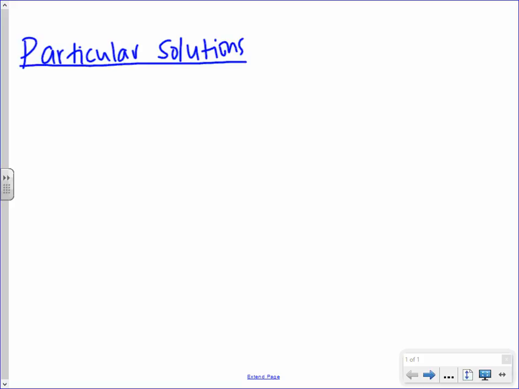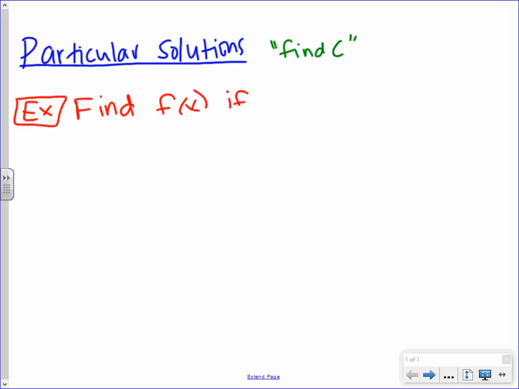So basically we are going to find c. First example.